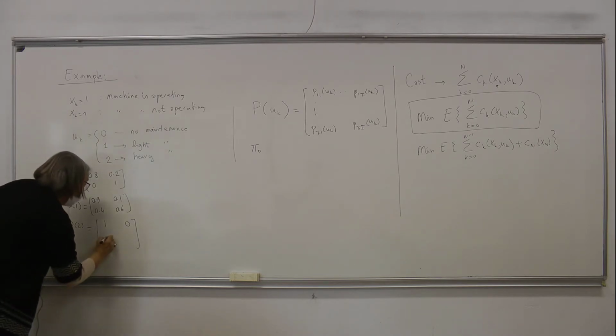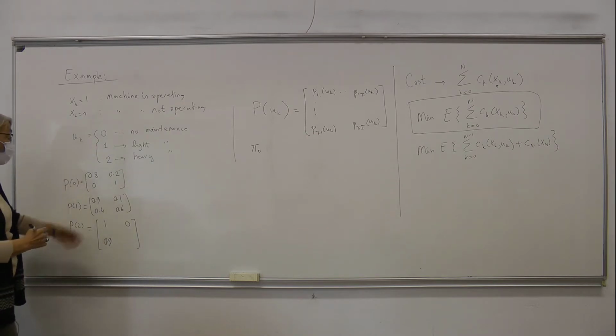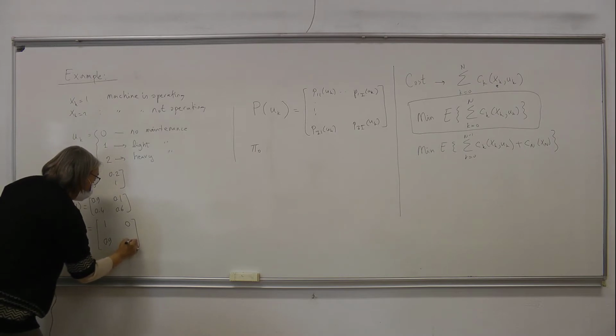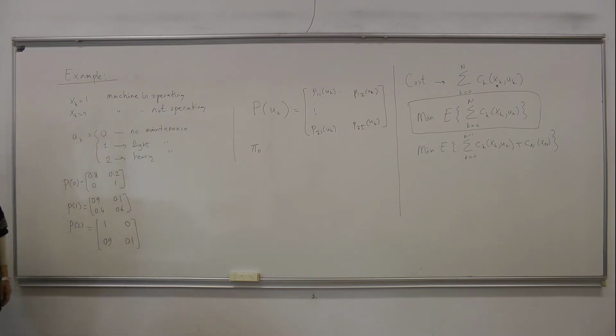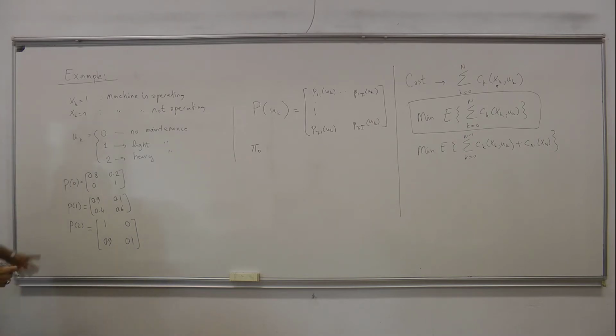And when it is in the non-operating condition, then with that maintenance, we can be 90% sure that it will be in the operating condition. So this is the model of our problem.